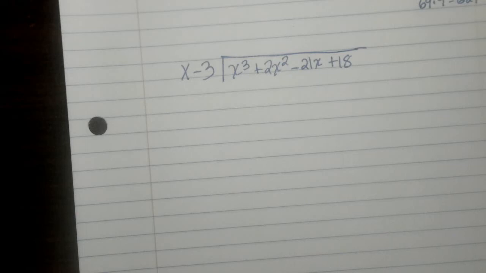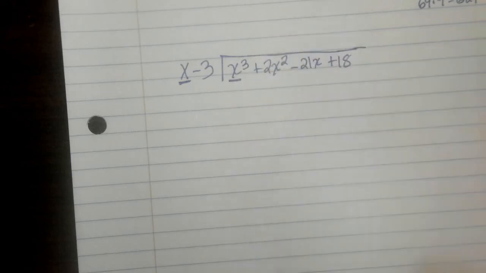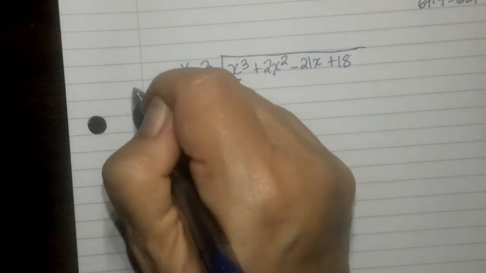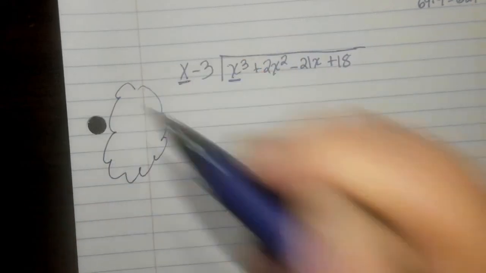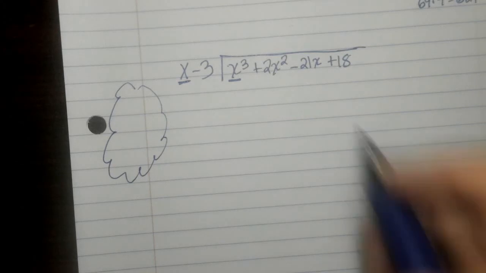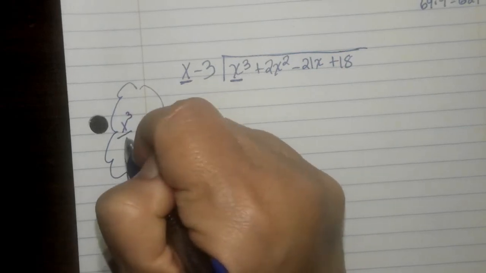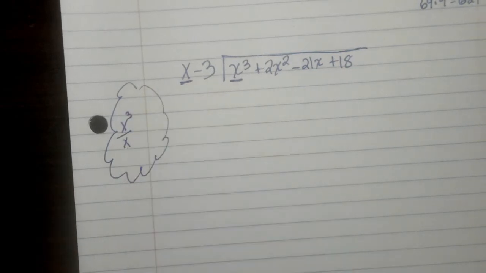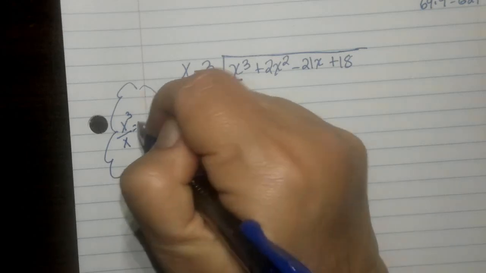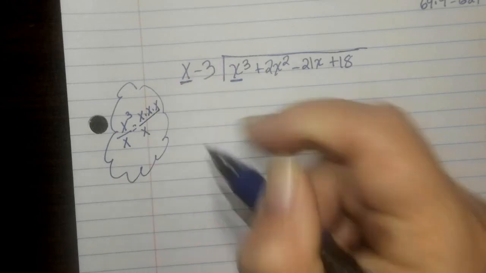Now we just carry out the steps. I look at my first term, x, and I divide it into x cubed. So what I'm thinking over here, and you might write this down or you might be able to do this part in your head, I'm taking x cubed and dividing it by x. So that's x times x times x divided by x.